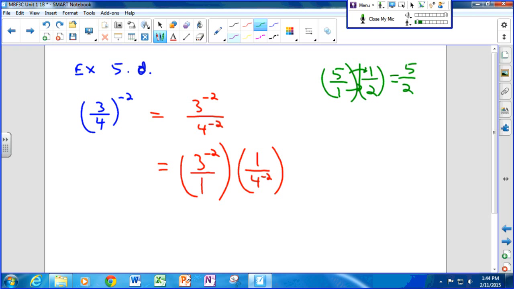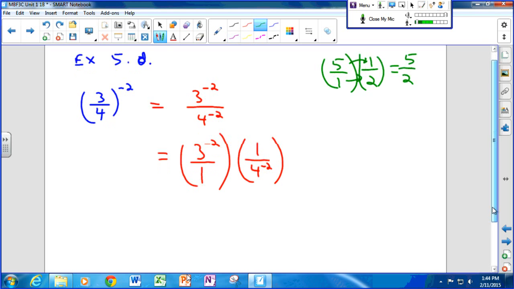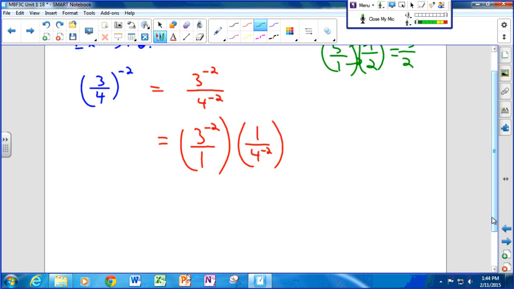So having factored it into 2 separate fractions, now we can apply that rule that they talked about, which is that if we take the reciprocal of each one of these, we can change the sign. If I take the reciprocal of the first one, we have 1 over 3 to the plus 2. And if I take the reciprocal of the second one, I have 4 to the positive 2, and it's over 1, though we wouldn't normally write it that way.